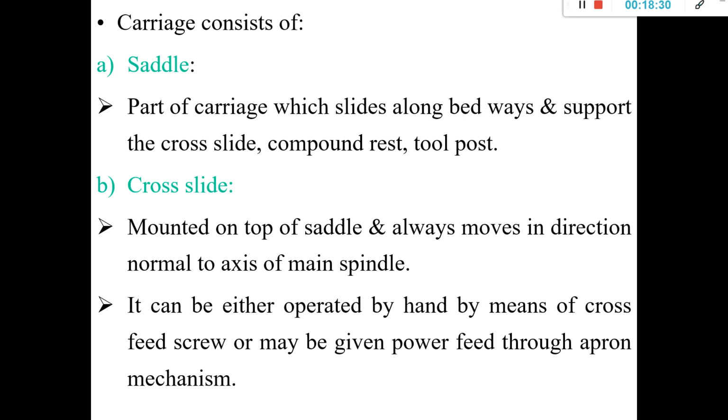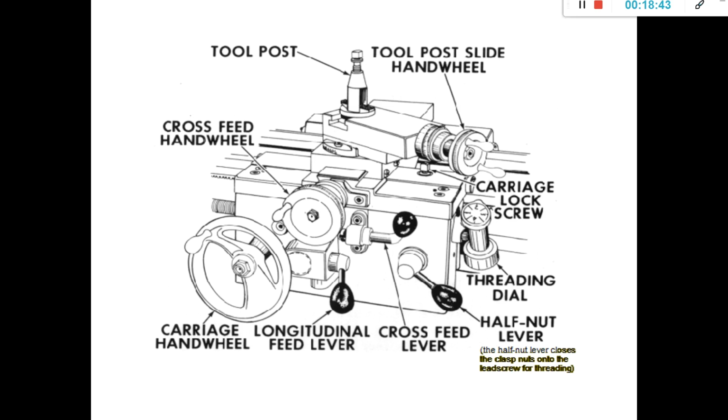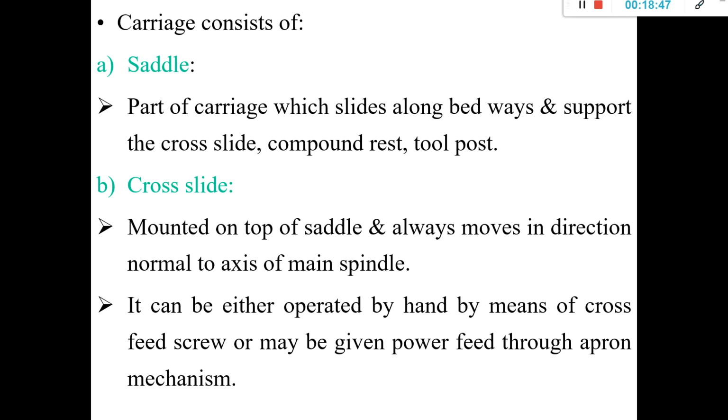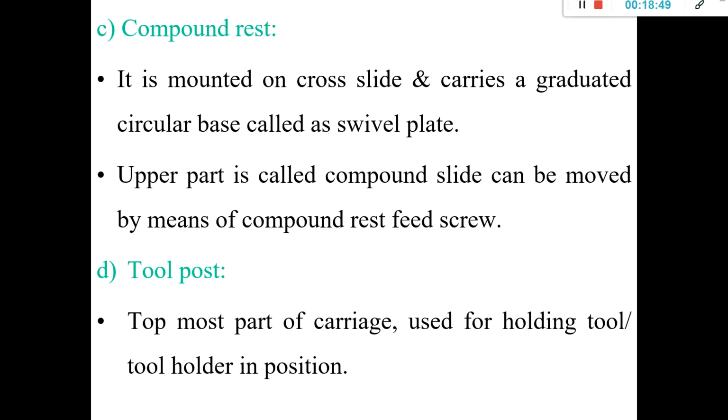It can be operated by hand or by means of a cross feed screw, or may be given power feed through the apron mechanism. So this is your saddle and carriage shown here.